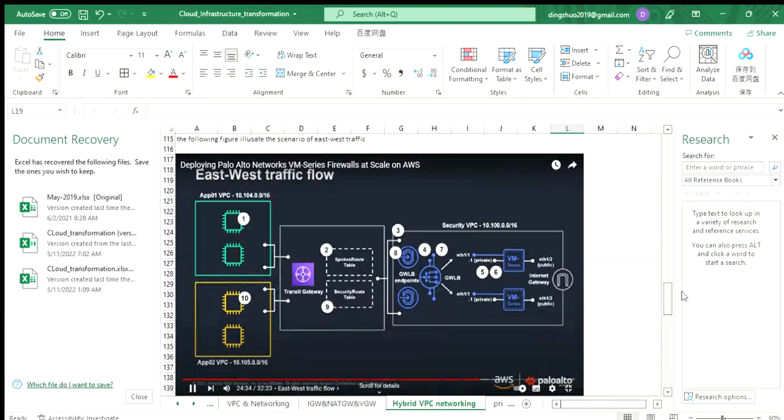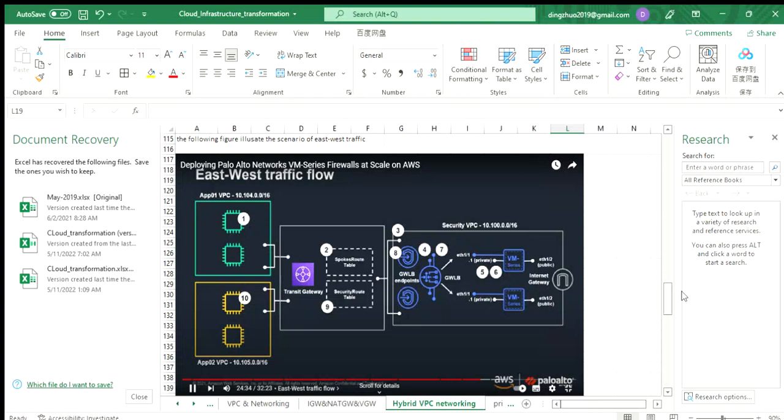So you're going to have two different VPCs, VPC A and VPC B. VPC A is in the subnet 10.104/16, and VPC B is 10.105.16. Some of the applications need to send data from VPC A towards VPC B.